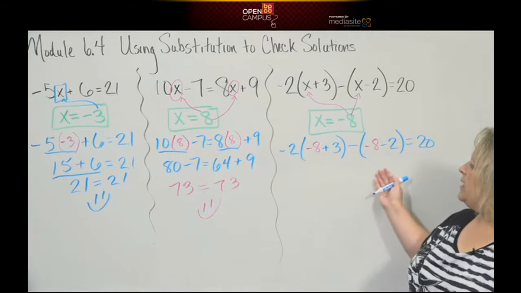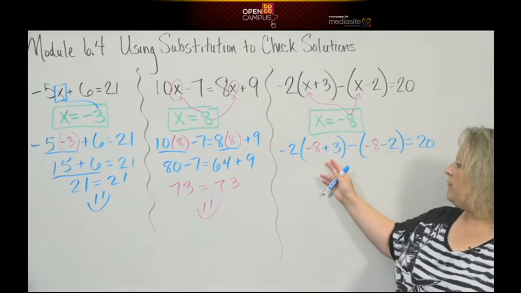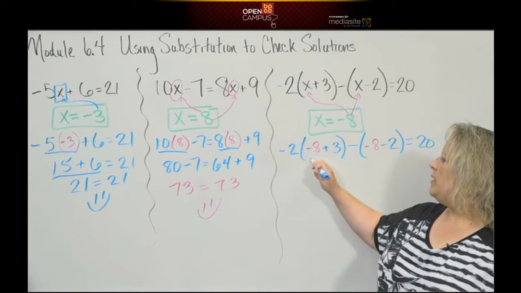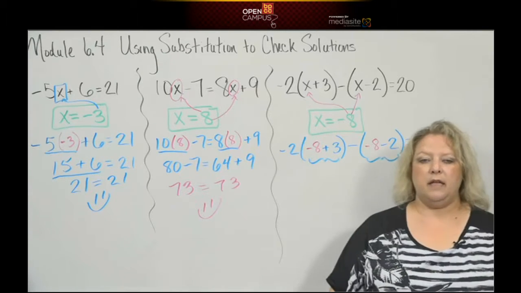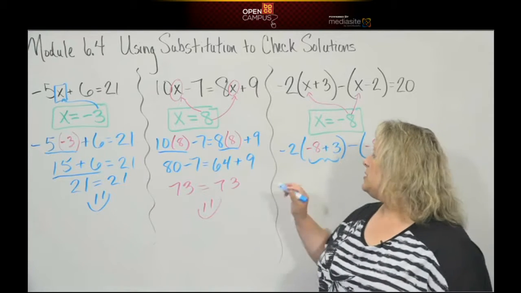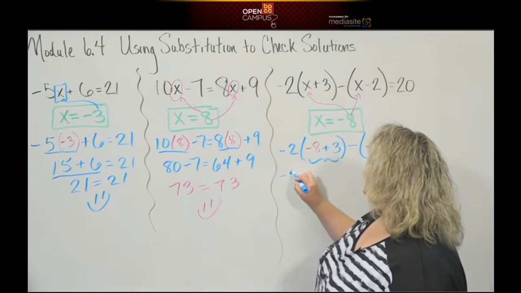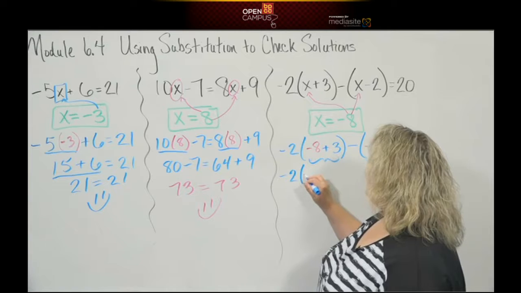Okay, so when we get to this problem, I did this one on purpose because it has a few steps. So our first step is going to be parentheses because remember, please excuse my dear Aunt Sally. Order of operations says that we have to do what's in parentheses first. So let's do that. I have -2 here. And then -8 plus a positive 3 gives me a -5.